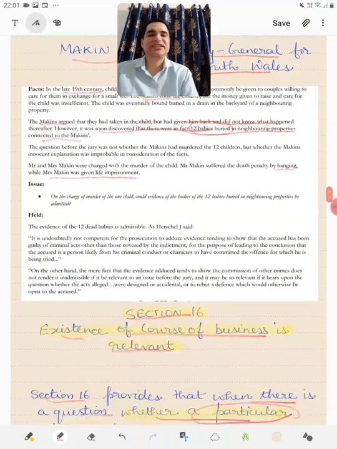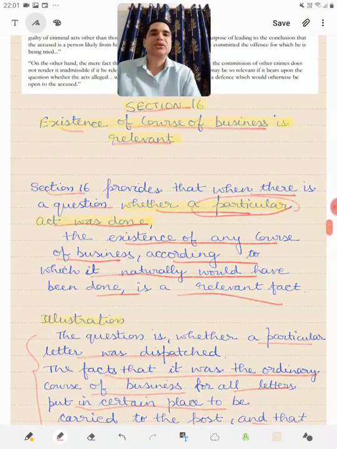Similarly, section 16 says that when the question is whether a particular act was done or not, the natural course of business in which that act would have naturally been done also becomes relevant. So that is what is section 16 and section 15.